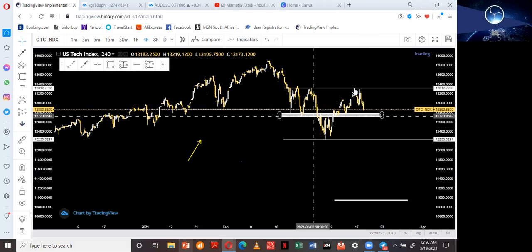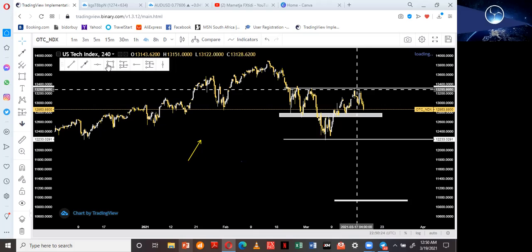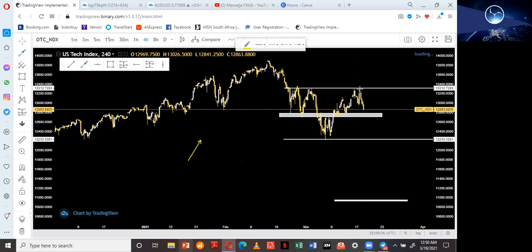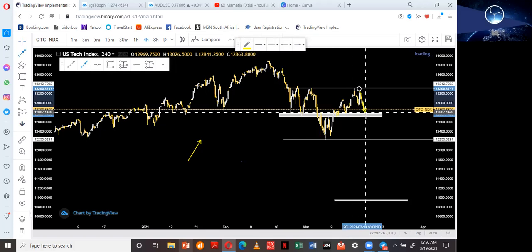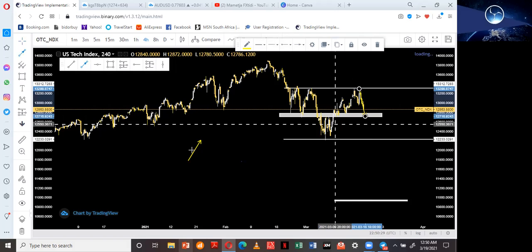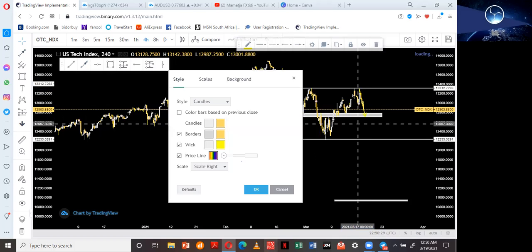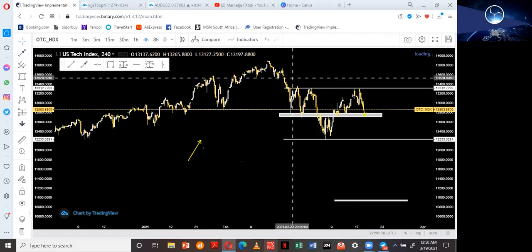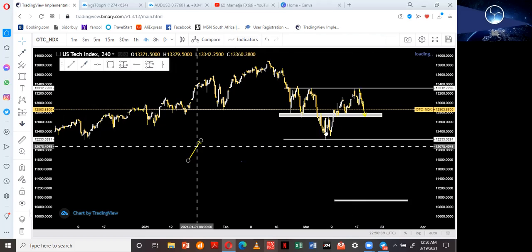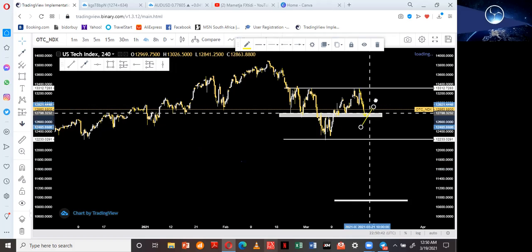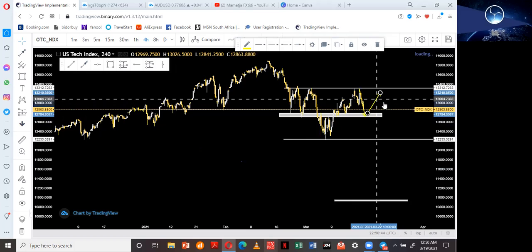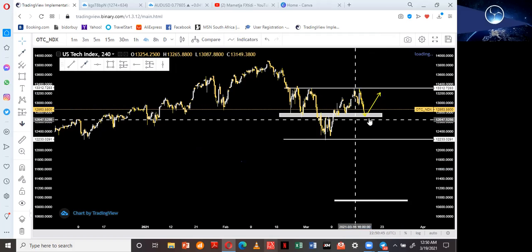Instead of Nasdaq coming down here to complete the last shoulder, we might see a breakout. It has to come here then return to create the last shoulder.